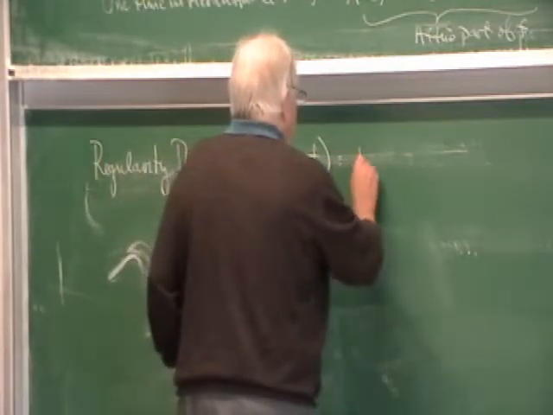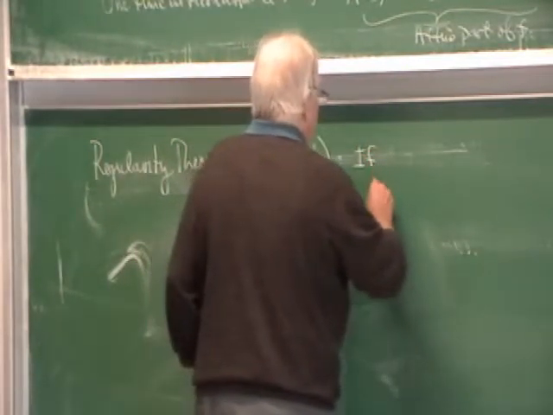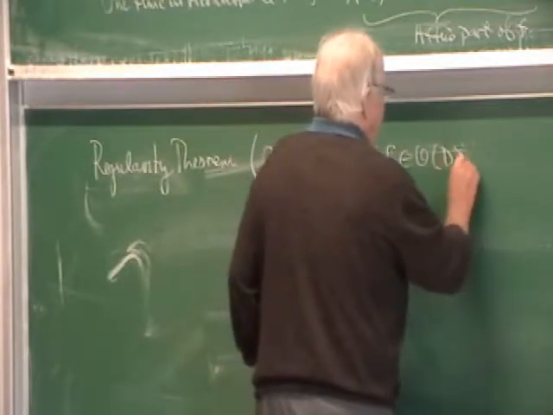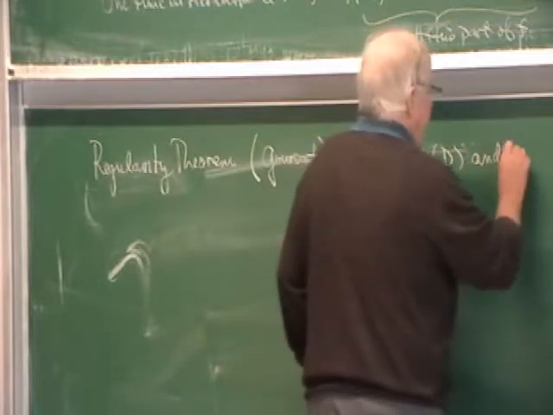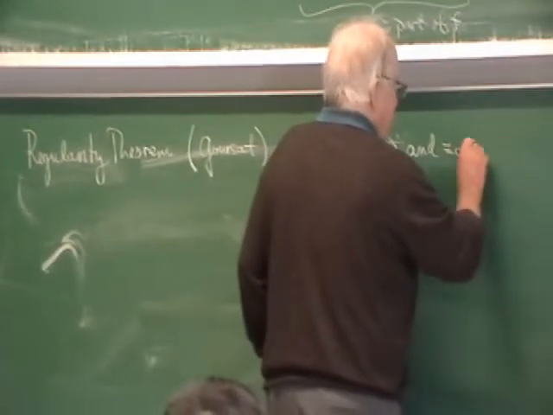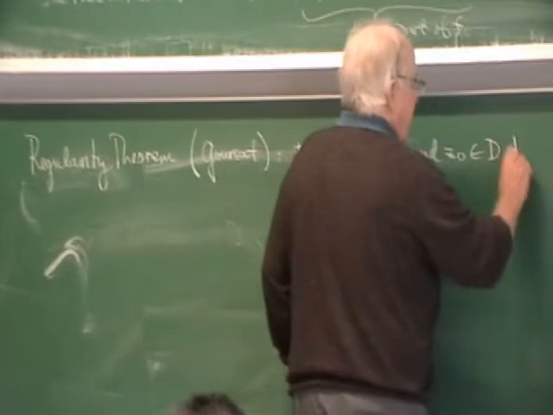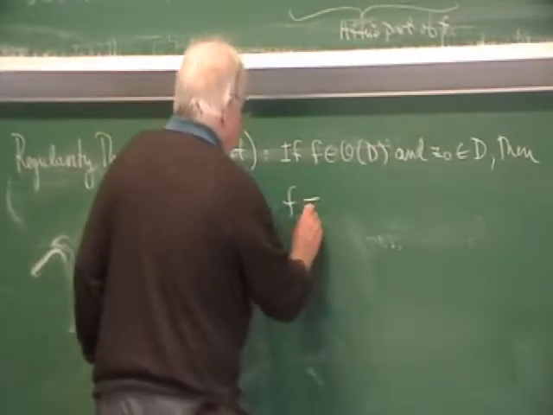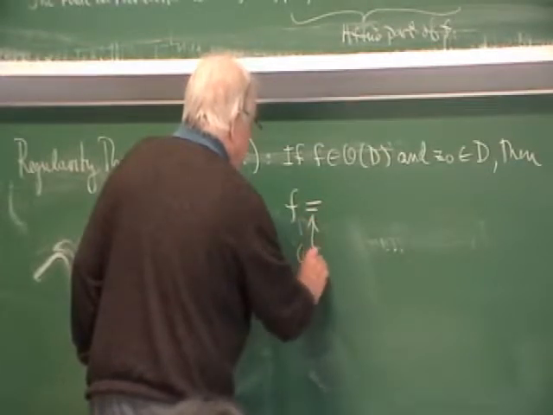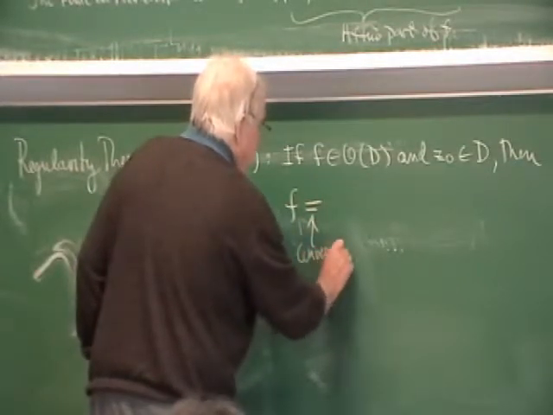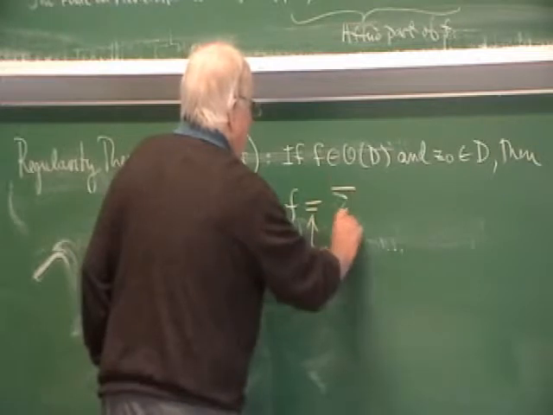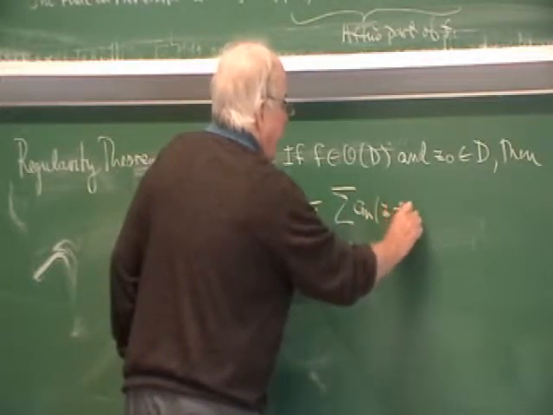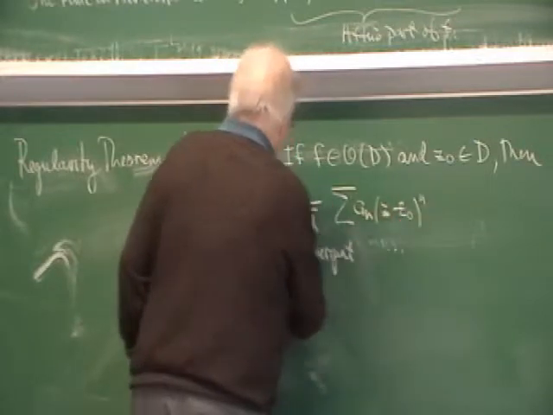Is if F is holomorphic on D, and Z0 is an element of D, then F equals, and this means convergent equals, a convergent power series in the neighborhood of Z0.